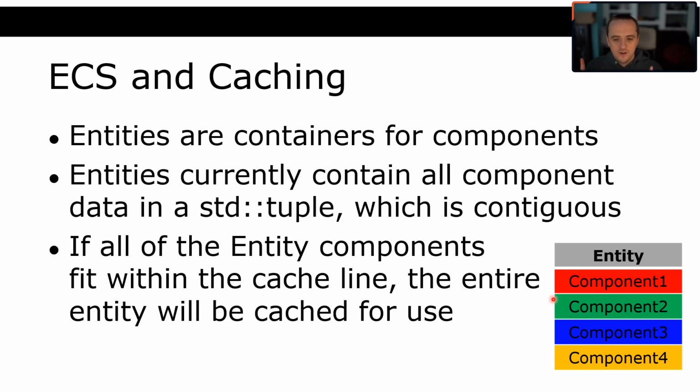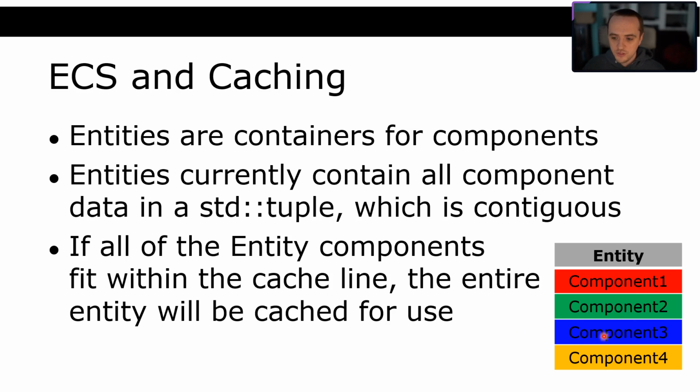So, if all the entity components fit within the cache line, then the entire entity will be cached for use. So that's good, because for example, if we look up an entity, and then we look up the first component, and we do something with it, and then we look up the second component of the same entity, that second component might be in the cache, and so we don't get a cache miss.